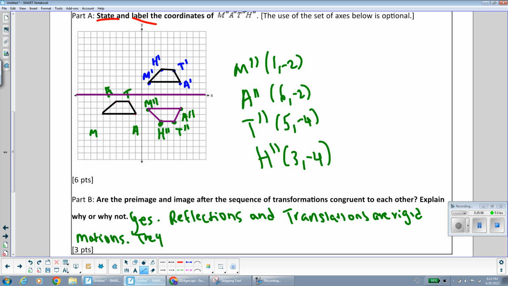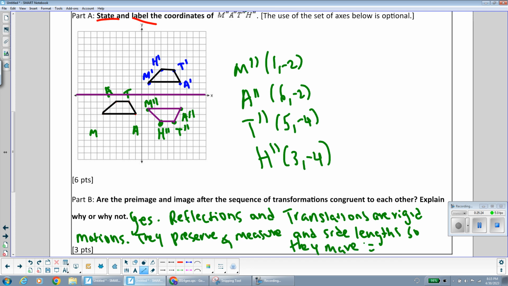They preserve angle measure and side lengths, so they make congruent figures. This is a four-sided shape here.